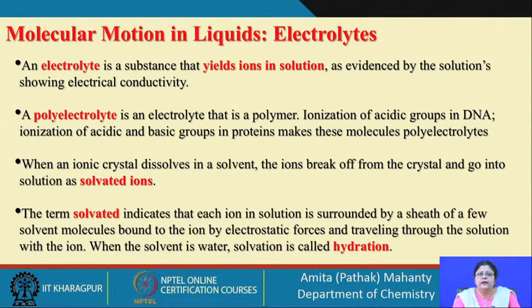Am I clear? The term solvated indicates that the ions in solution are surrounded by a sheath or a few layers of solvent molecules bound to the ions by electrostatic forces and travelling through the solution along with the ion. Okay.